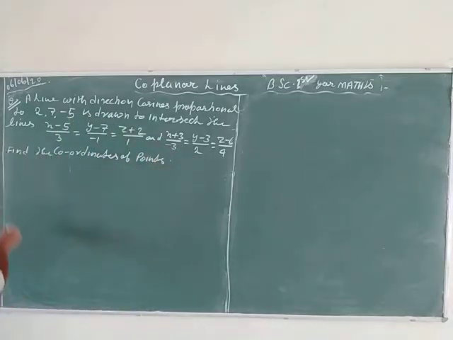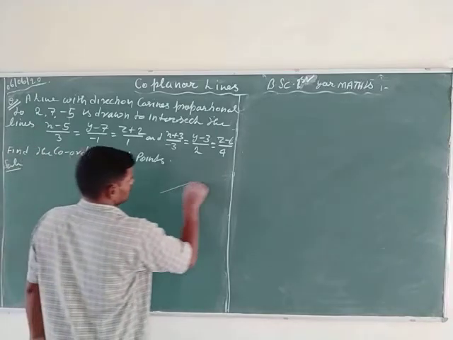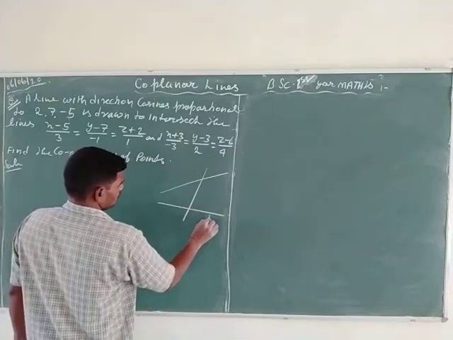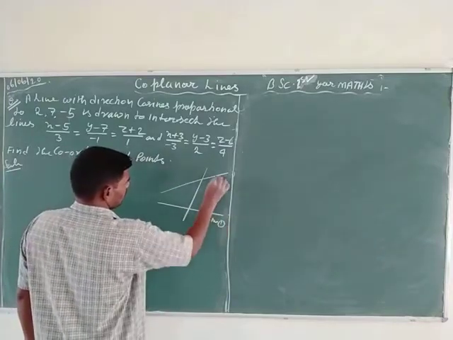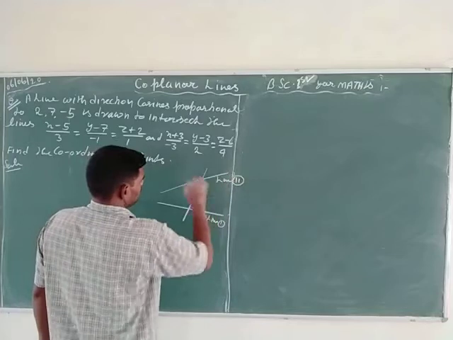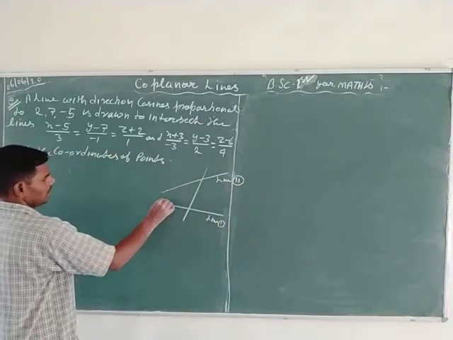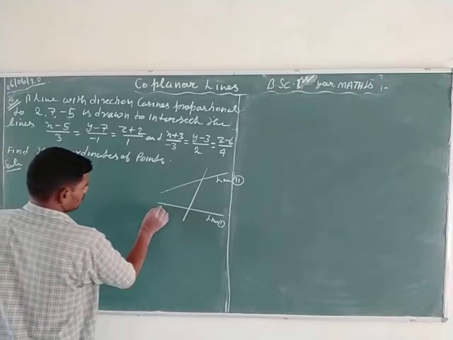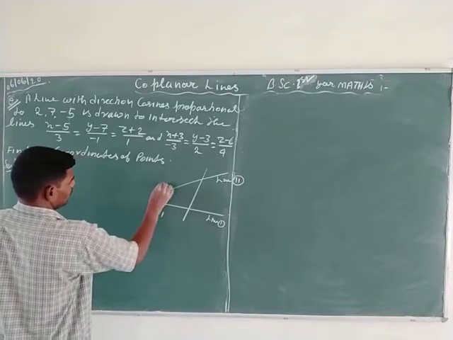For this, first draw two lines. Suppose this and this line, and the intersecting line is this. Call them first and second. From the given equations of the straight lines, suppose the points are A1 and A2.